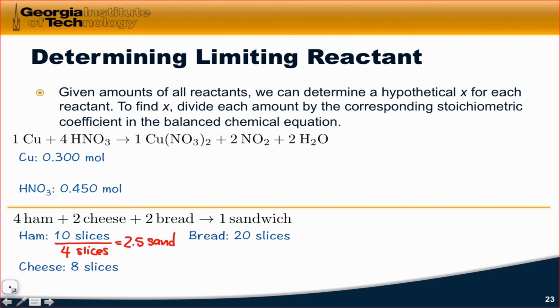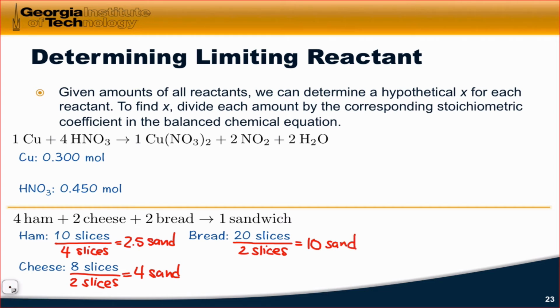For 8 slices of cheese, if we use 2 slices per sandwich, then we can get 4 sandwiches from the cheese. And for the bread, if we use 2 slices of bread per sandwich and we've got 20 slices of bread, we can make, in theory, 10 sandwiches from the bread we have available.